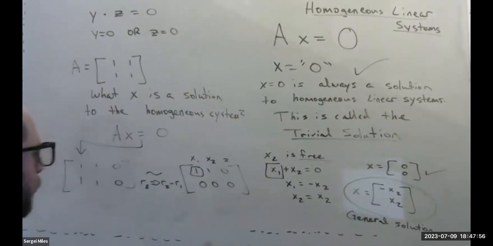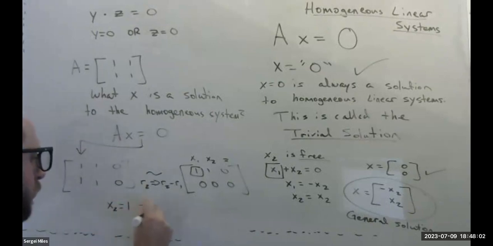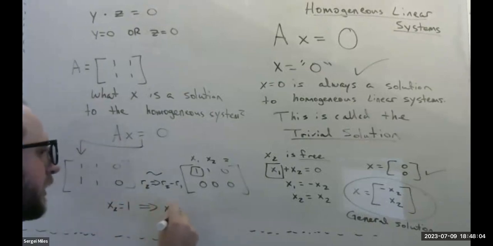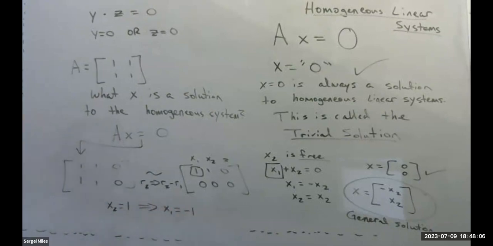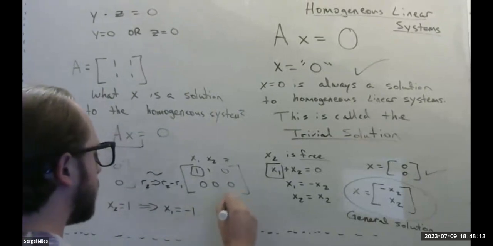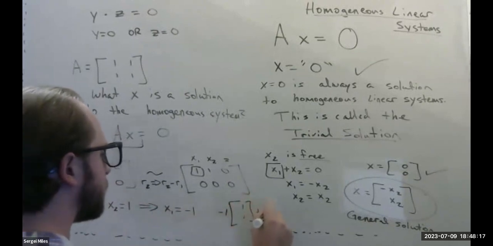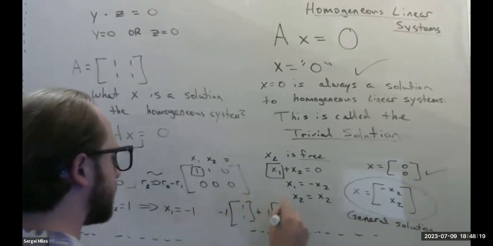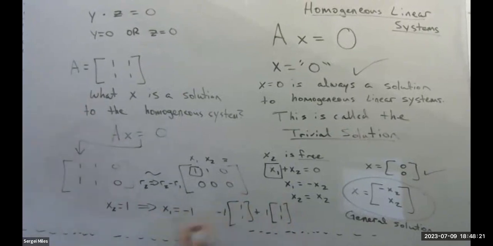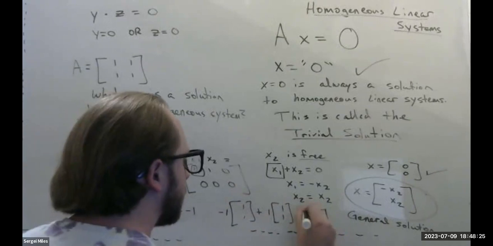Let's see an example. What if I pick x2 to be 1? Well, that means x1 equals negative 1. Does this answer actually work? We have negative 1 times the first column of A plus 1 times the second column of A. And lo and behold, we end up with the 0 vector.